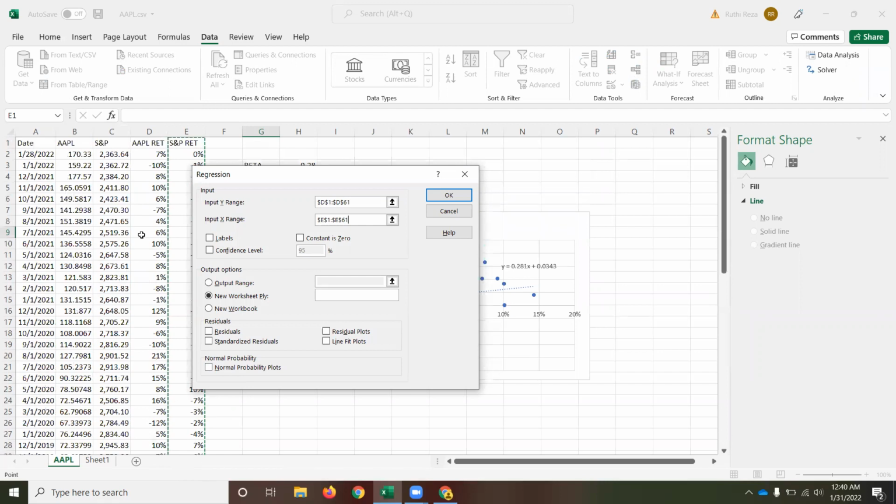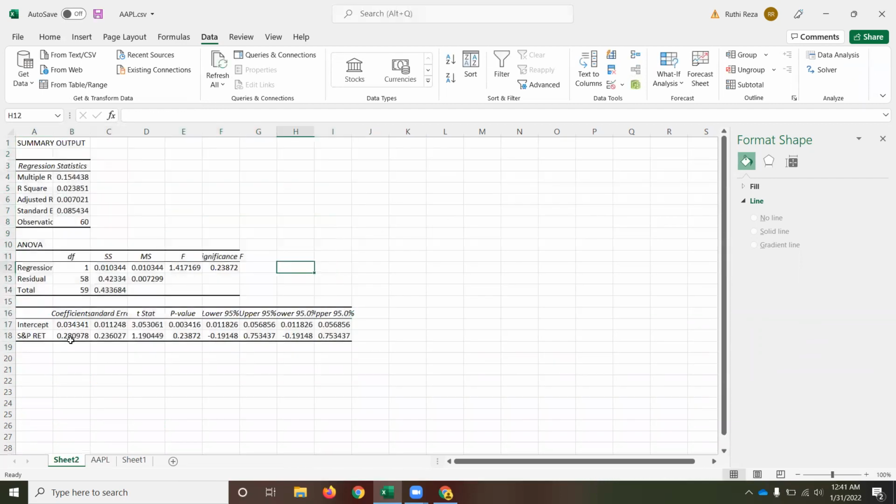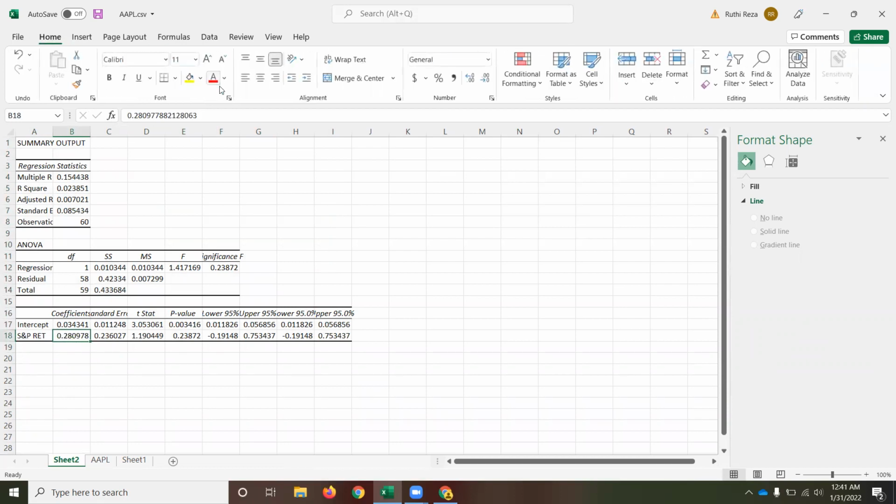And then here you can see our selection range starts with the label. So therefore highlight the label, tick mark the label, then hit OK. Now you can see we got the regression equation, and the slope of the market return here is what? 0.281. So again, our beta is 0.281.